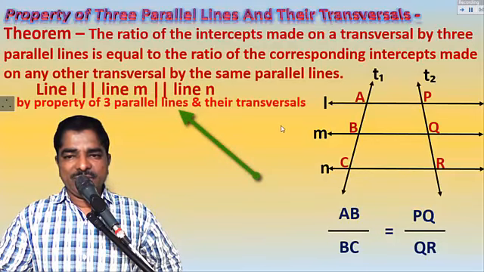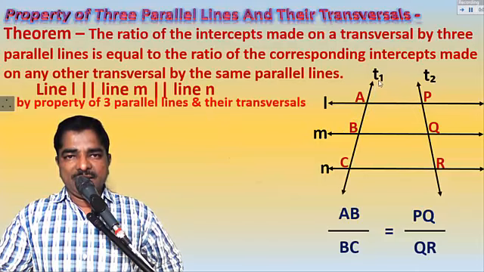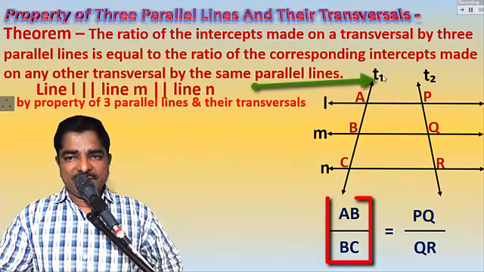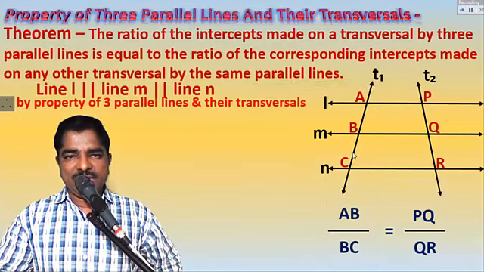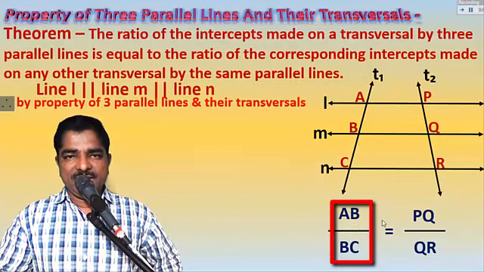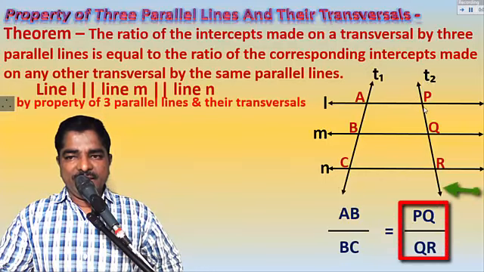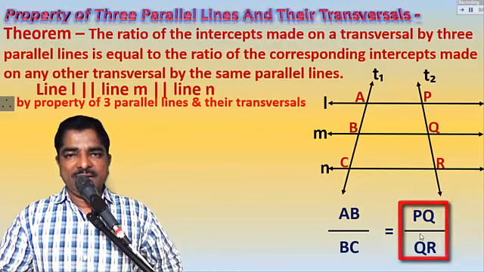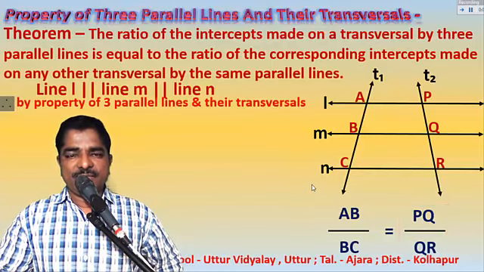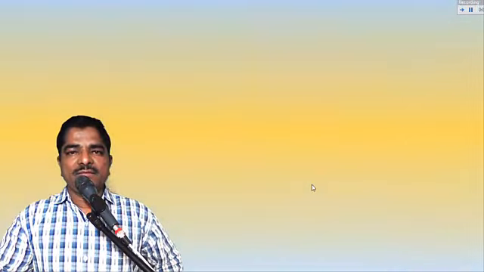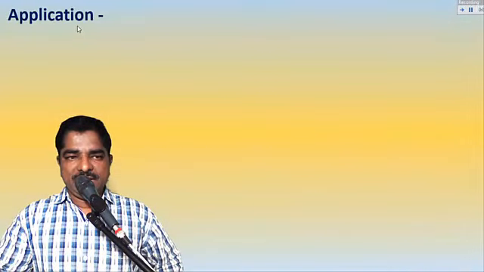By this property, for the first transversal we get two intercepts and take their ratio, AB divided by BC, which is equal to the ratio of the two intercepts on the other transversal T2, PQ divided by QR. Then we see the application.